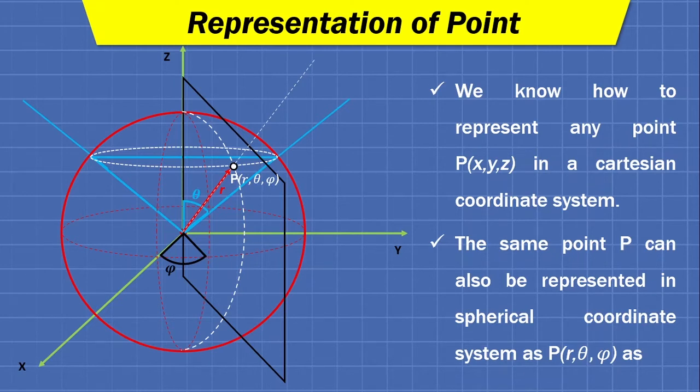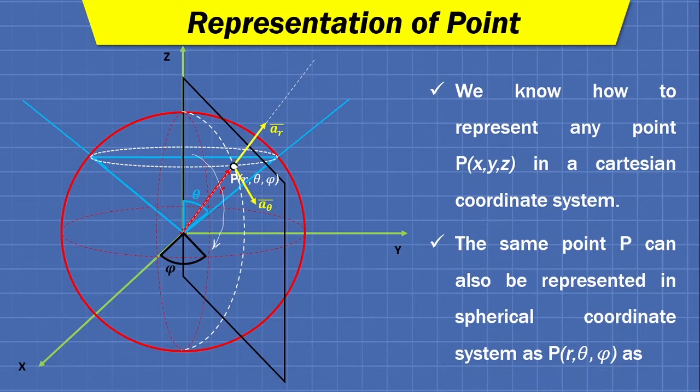Now let us talk about the directions. The direction of r will be in the direction of the radius. The direction of theta will be in the tangential direction of the surface of the sphere at point P, and we will take this direction in the direction of incremental value of theta. As you can see, theta is going to increase in a clockwise manner downwards.